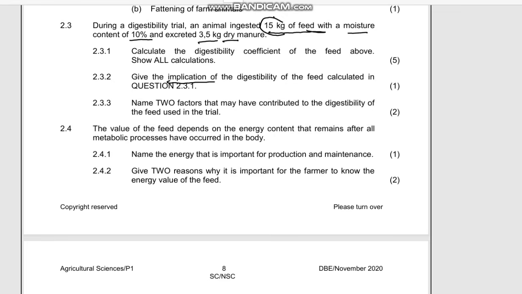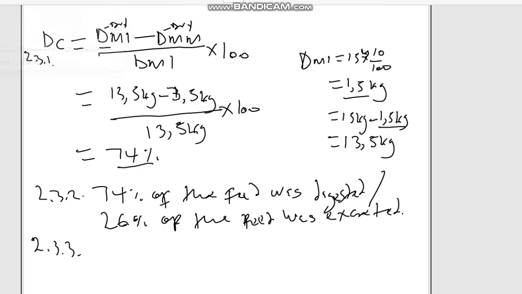But if you just fry them and eat them without salt and vinegar or anything, I don't believe they'll be as palatable. They'll be more palatable if you add vinegar and some sort of salt or seasoning. So let's look at some of the factors that affect digestibility in farm animals.